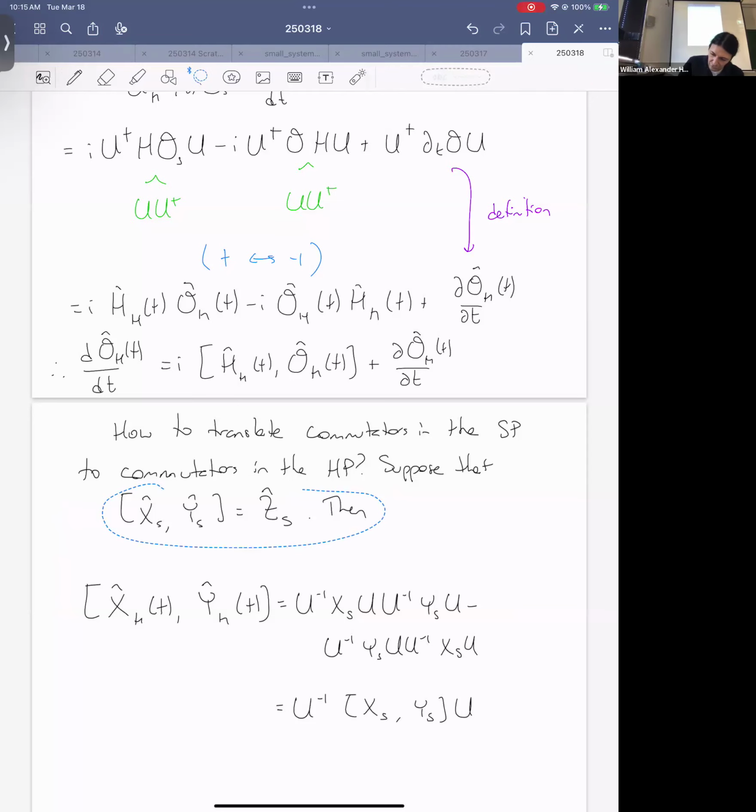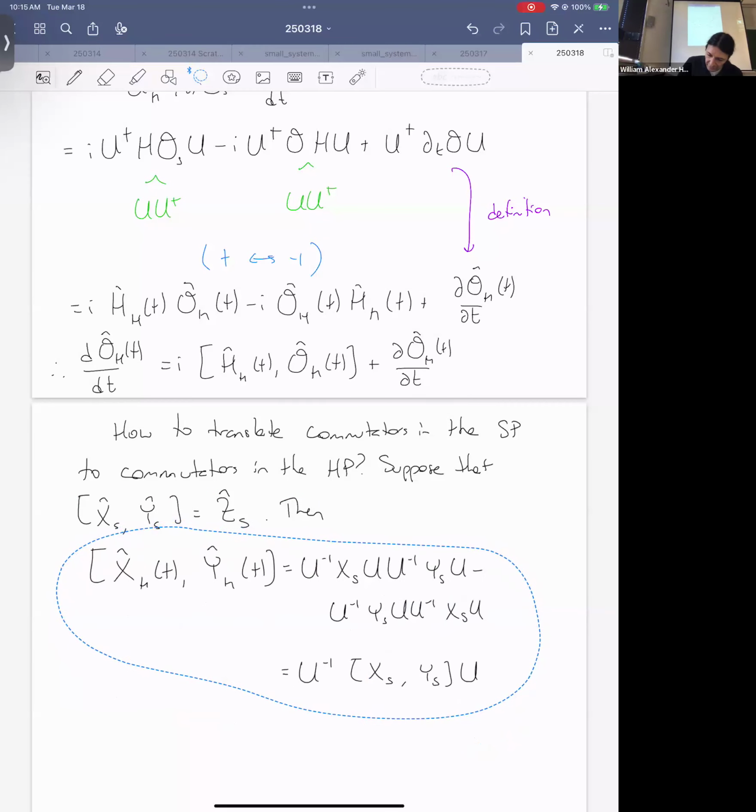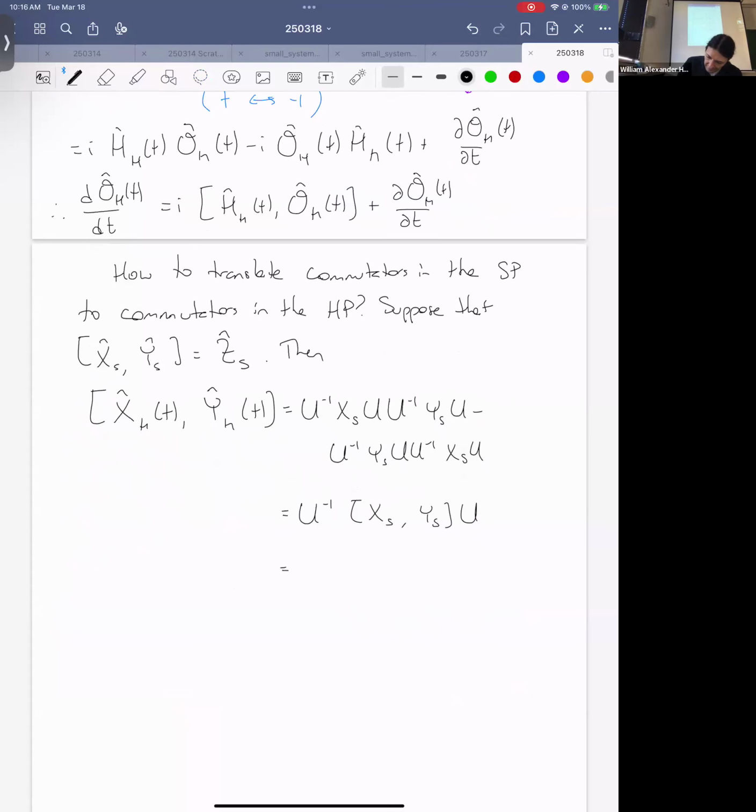So if I assume that I have that particular commutator in the Schrödinger picture, then in the Heisenberg picture, I find that the commutator of X in the Heisenberg picture at time t with Y in the Heisenberg picture at time t is equal to the Z operator in the Heisenberg picture at time t.